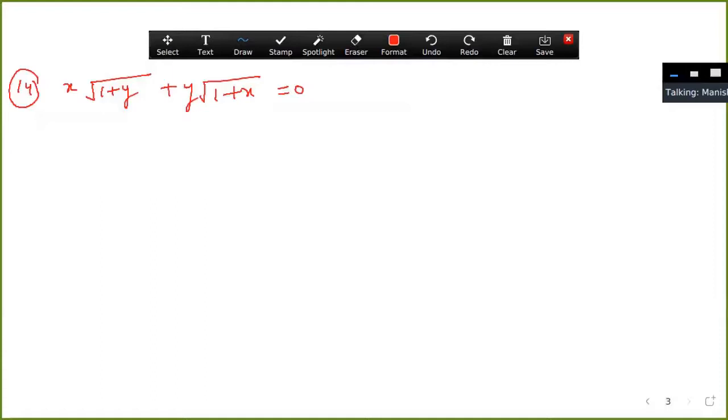Then you have to show that dy upon dx is equal to minus 1 upon (1 plus x) whole square, and the value of x lies between minus 1 and 1. Now let's do the question.